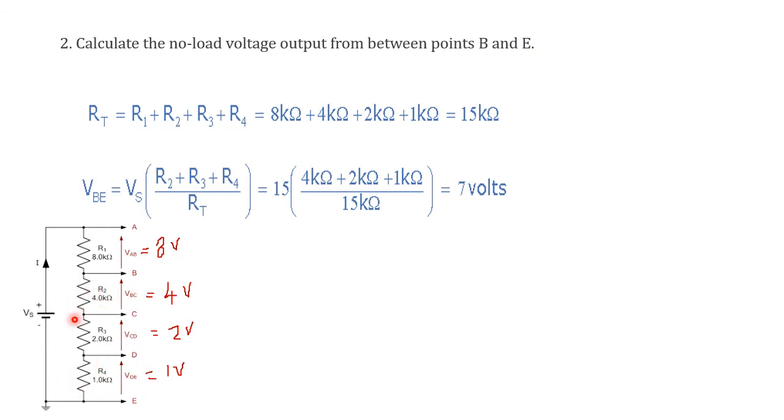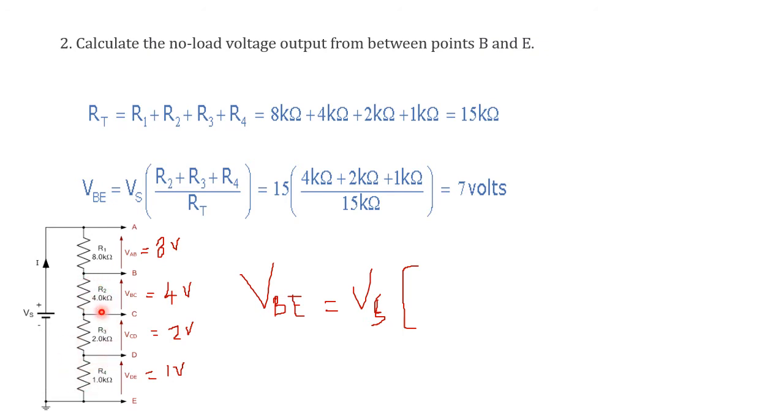So if you want to find the voltage in between point B and E, we can directly write as Vs into, here we want the voltage drop across point B and point E. So we have to add all these 3 resistors.